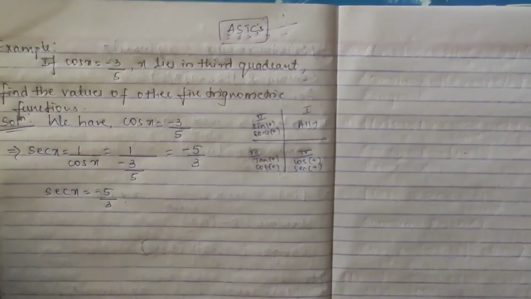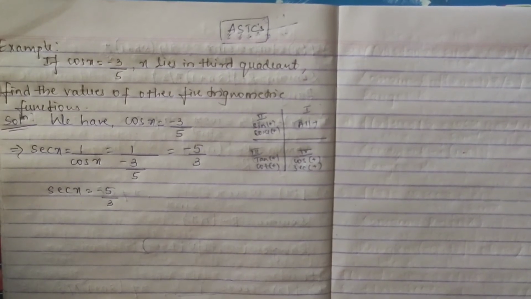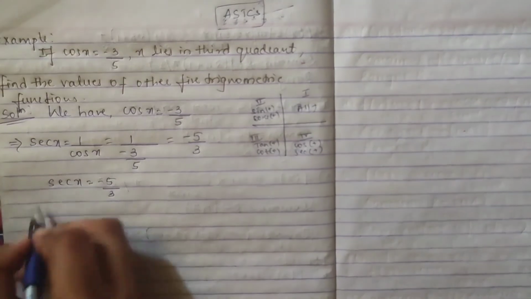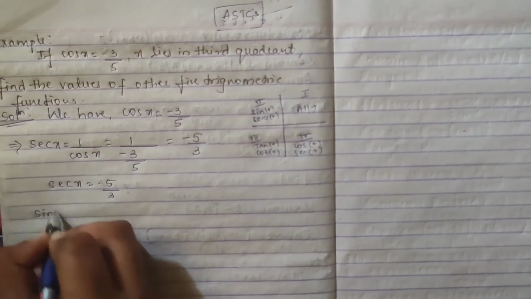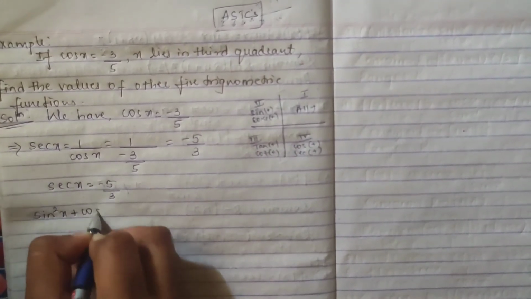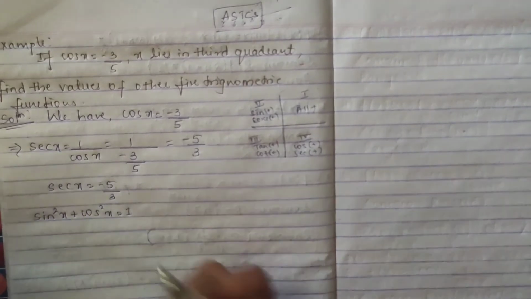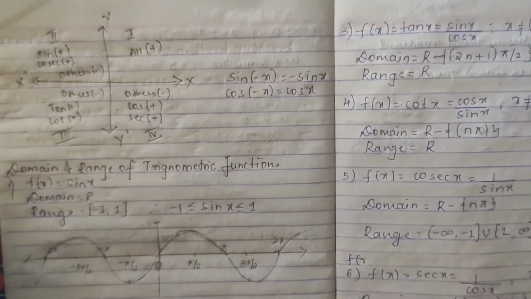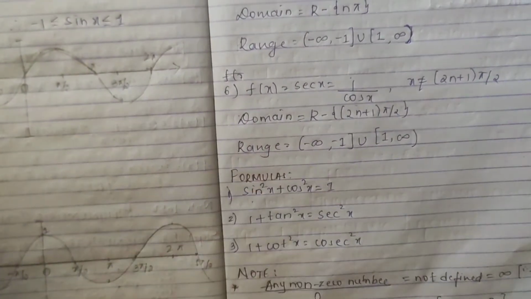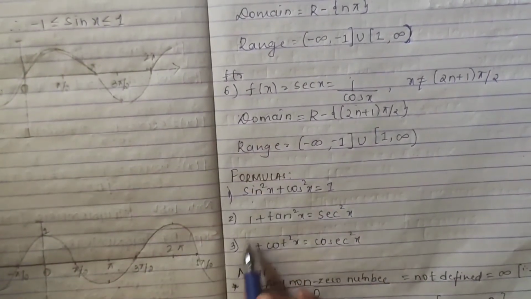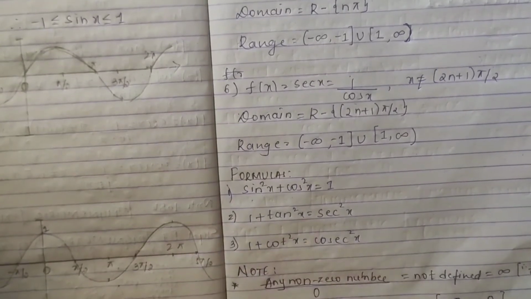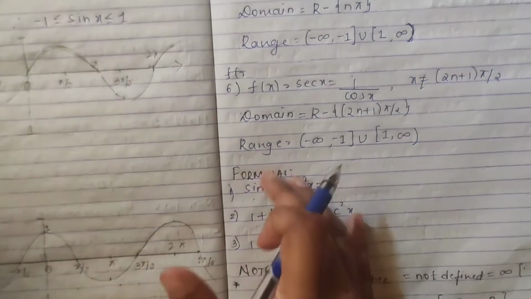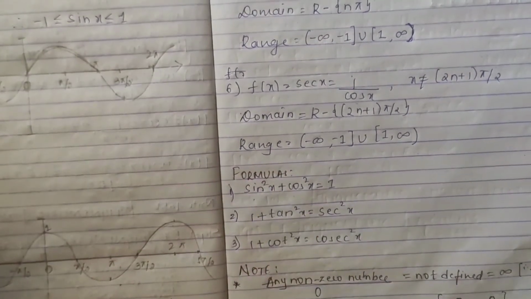Now left are your sine, cot, tan and cosec. As you can see, I have used the formulas you know: sine square x plus cos square x is equal to 1. You can use this, or you can go for 1 plus tan square x as well, because you have got sec x and cos x, and you can find the others.